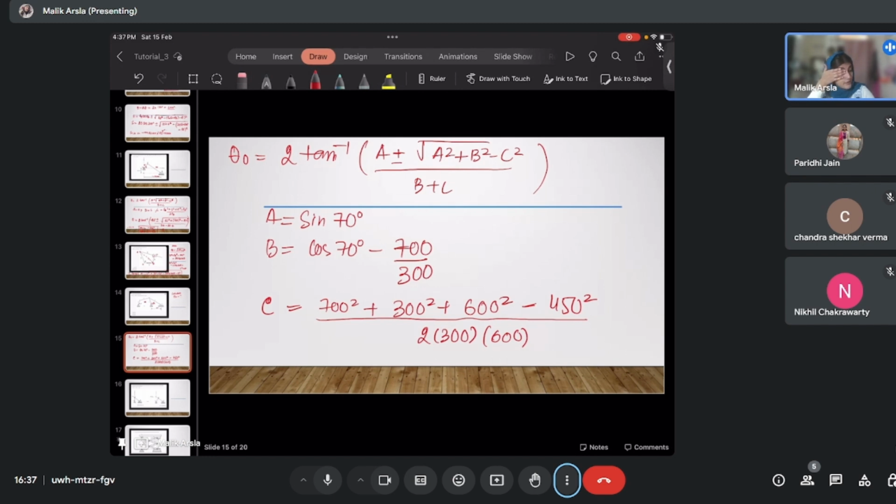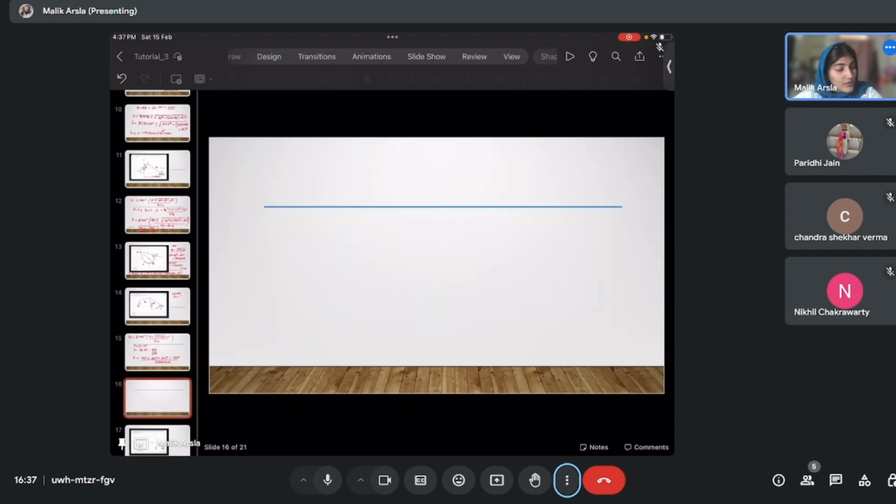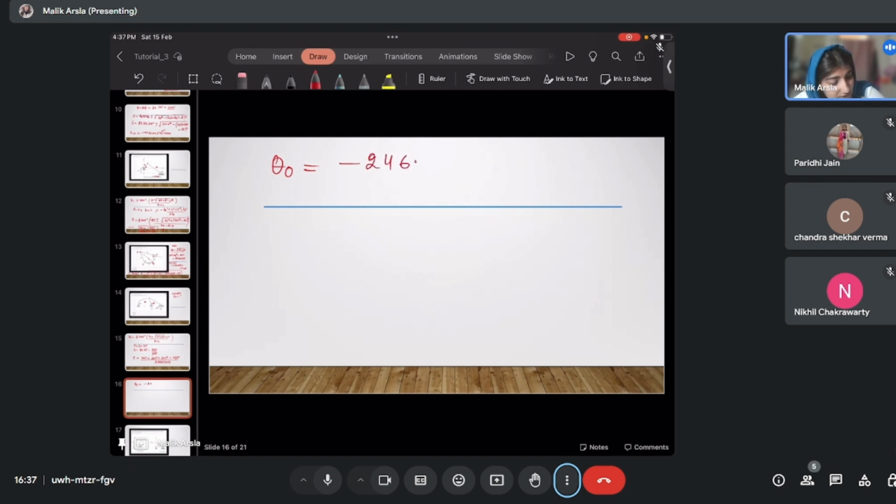So what are the values you're getting? Anyone did it? So when you plug in these values here, you'll get two values for theta: one is minus 246.74 degrees and another is 196.21 degrees.